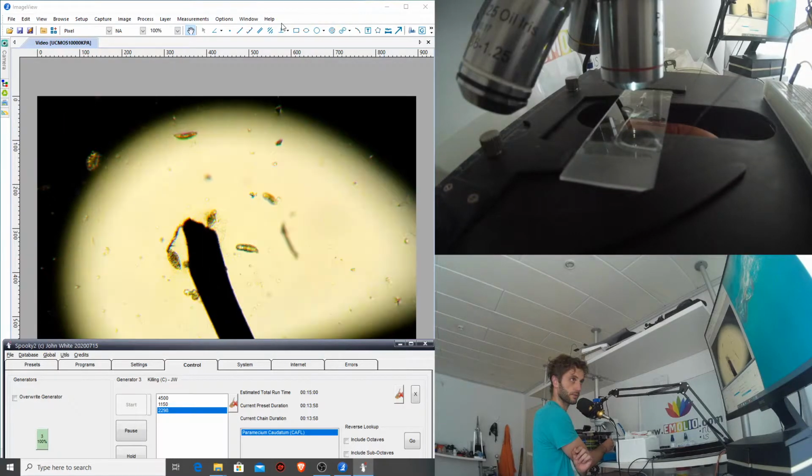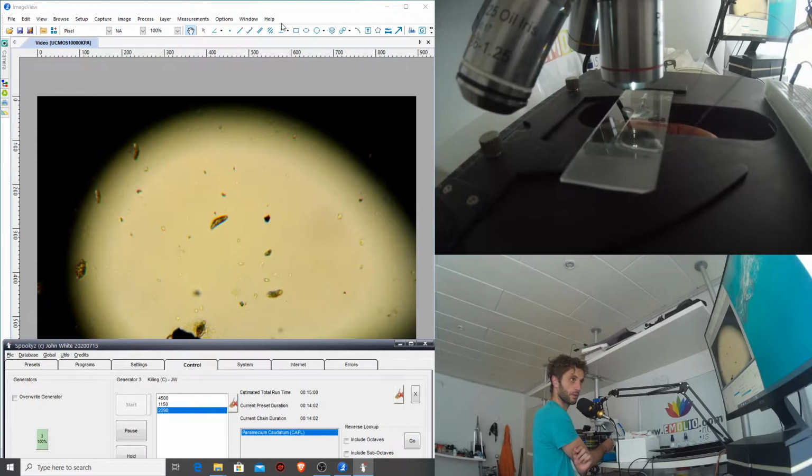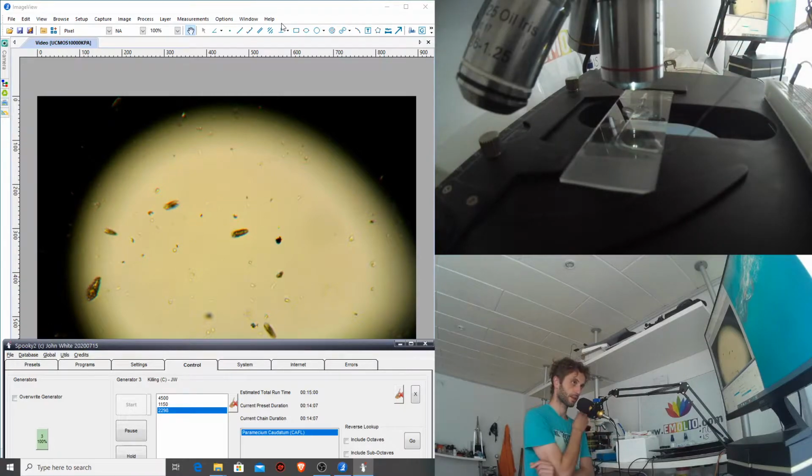This one is swimming, good, but it's like it's having some trouble to move, so it's swimming like in one place.